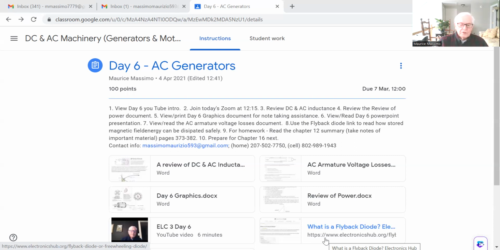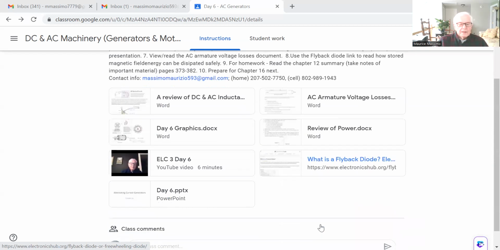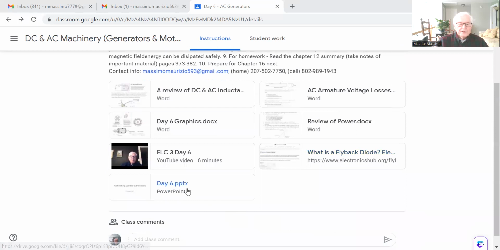So you have to be careful on slowly releasing that energy stored up in that coil. What is needed is a flyback diode, and you'll have a little spiel on that. And then finally, we get to today's PowerPoint presentation, which I will go over right now.